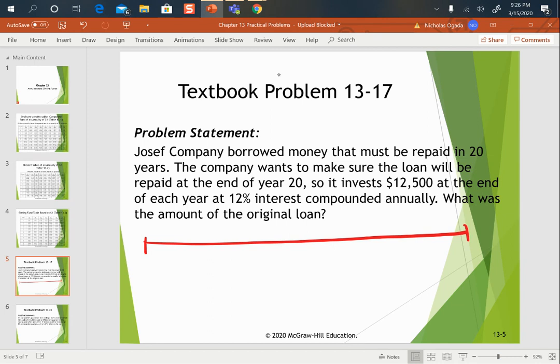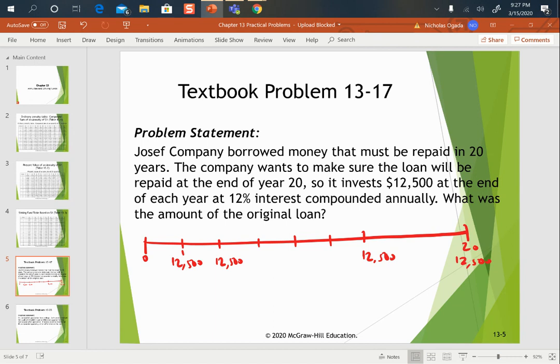So in this example, assuming this is year 1, year 2, year 3, all the way. So at the end of year 1, you invest 12,500. Year 2, you invest 12,500, and you continue all the way to year 20. So here is time 0, here is 20, and you have invested 12,500. So this is the investment each year.